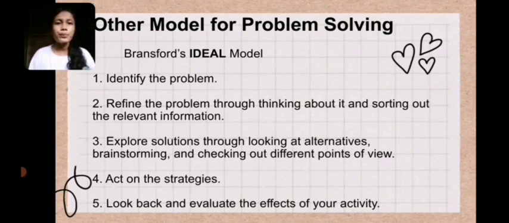So the second is refine the problem through thinking about it and sorting out the relevant information. Since you have identified the problem, you start thinking about better solutions and alternative action plans that you will do to solve the problem easily. So to come up with ideas that make solving the problem easier, you will sort out those relevant information that you gathered.